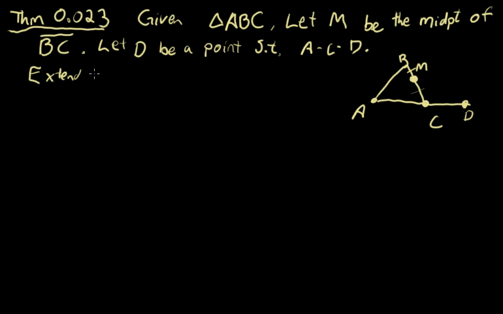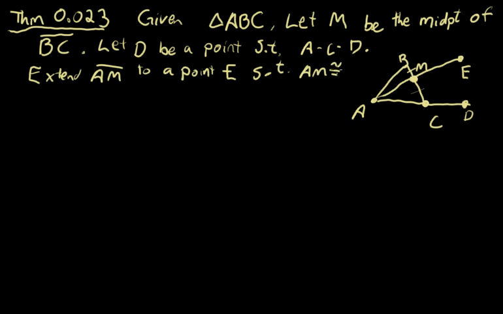Extend AM to a point E. So AM is here. Let's say we extend it here, such that AM is congruent to ME. So these two things are going to be of equal length.